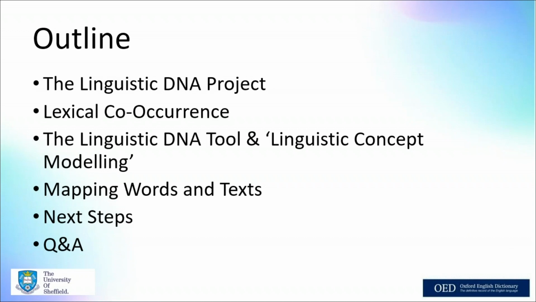I'll present the Linguistic DNA tool, which is a computational tool that we've been using to map and model meanings in early modern English in particular, but also beyond early modern English, and what we're calling linguistic concept modeling. I'll give you some examples of the ways that we've mapped words and the concepts associated with them, and also texts and the concepts associated with them, including a bit of a discussion of how the Oxford English Dictionary is using this tool to map words. I'll tell you about the next steps for the project, and then we'll have a Q&A at the end.